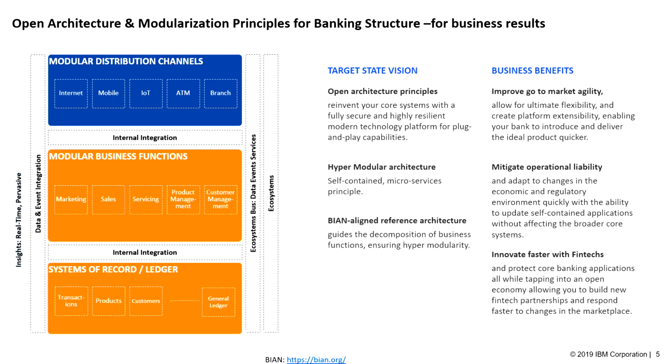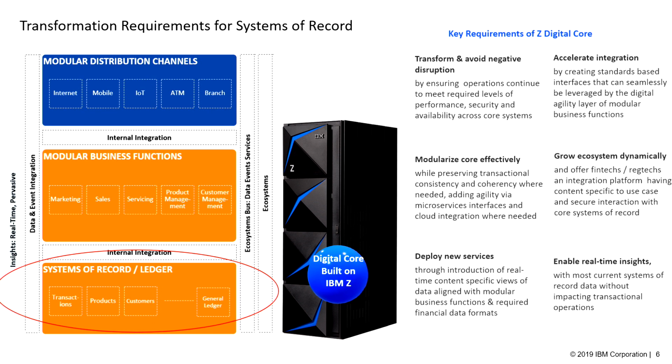As we look at each of these layers, the reason we are focusing today on the mainframe, or IBM Z as it's called, is that many of our financial institutions run that bottom layer, the systems of record, on IBM mainframes today, and do so because of the performance, the throughput, the availability they get, and overall the HA and DR capabilities that we have, and they are all regulated industries.